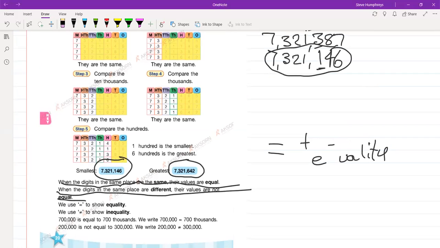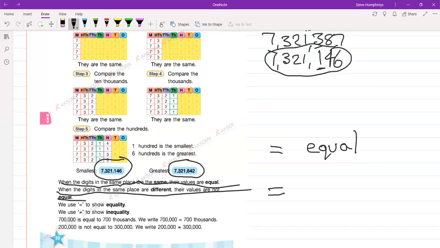Let's make it a little bit easier. This symbol means the numbers are equal, or they show equality. And if the numbers are not the same, it's this symbol, which has a line through it to show inequality or unequal. They are not the same.